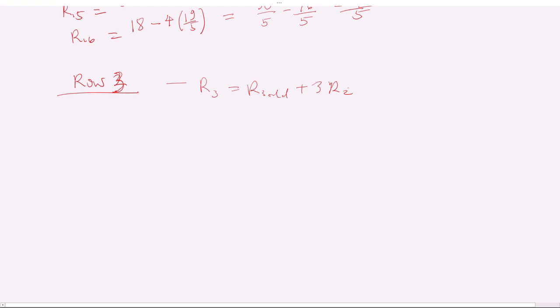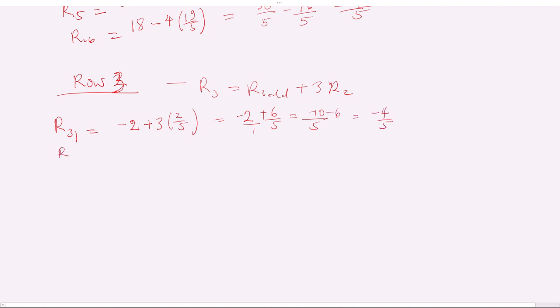So with that, R31 equals minus 2 plus 3 into bracket R2, 2 over 5. So this is minus 2 plus 6 over 5, which is minus 10 plus 6 over 5, equals minus 4 over 5.